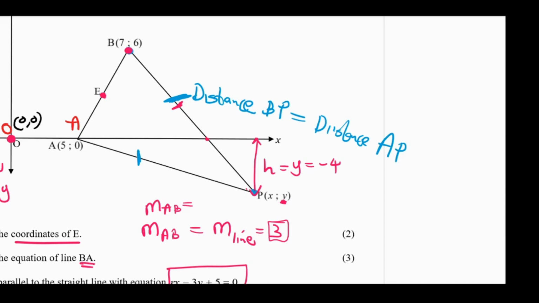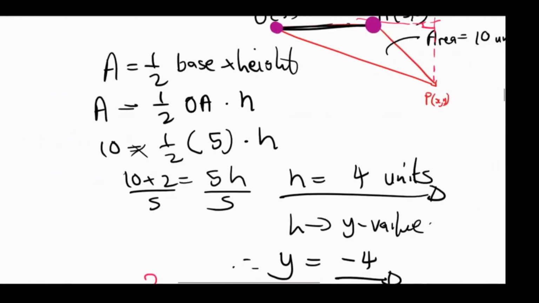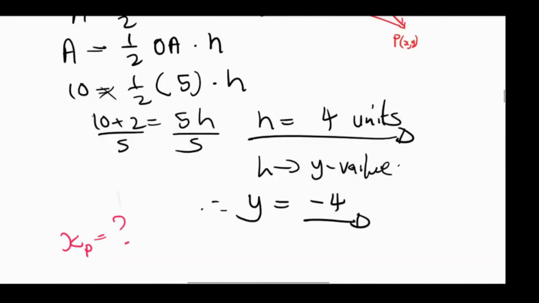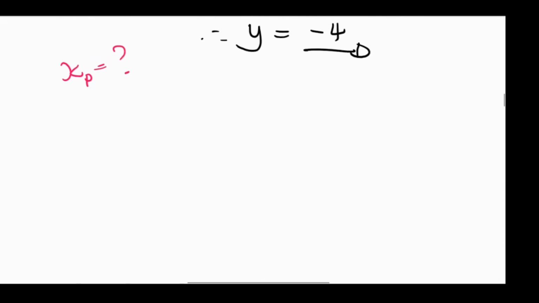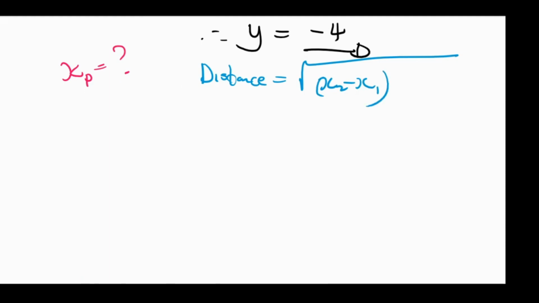So we're going to write that expression here. So we know the formula of a distance is equal to the root of x2 minus x1 all squared plus y2 minus y1 all squared, right?